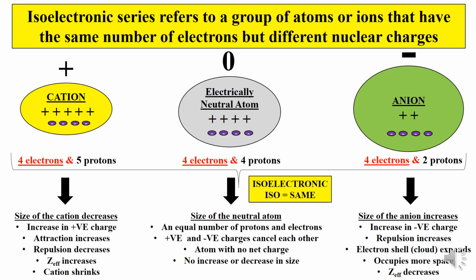So how do you order them according to their sizes, or how do you arrange them in a sequential order? Now the size of the cation is less than the neutral atom, and the neutral atom in turn is smaller than the anion.